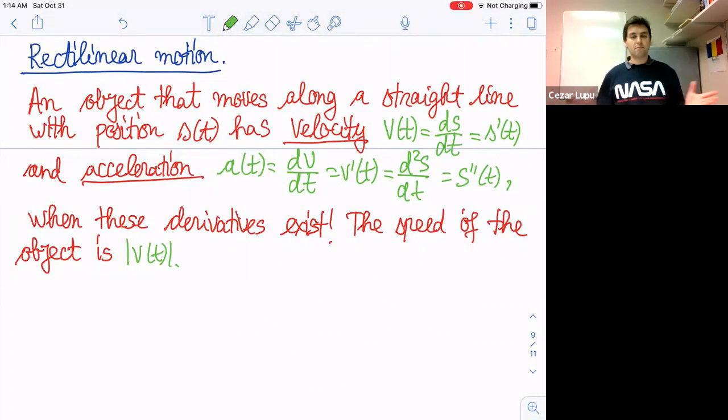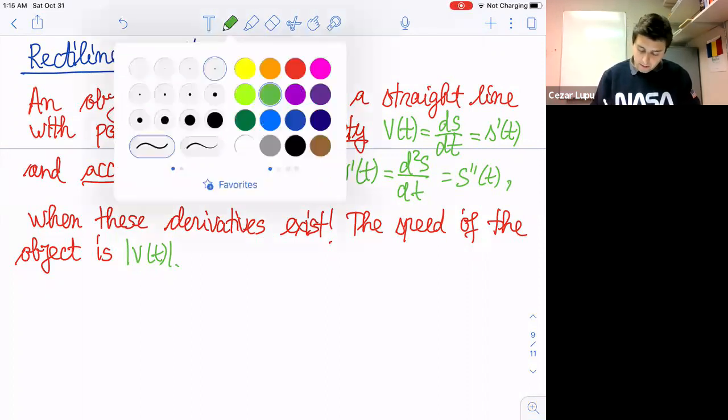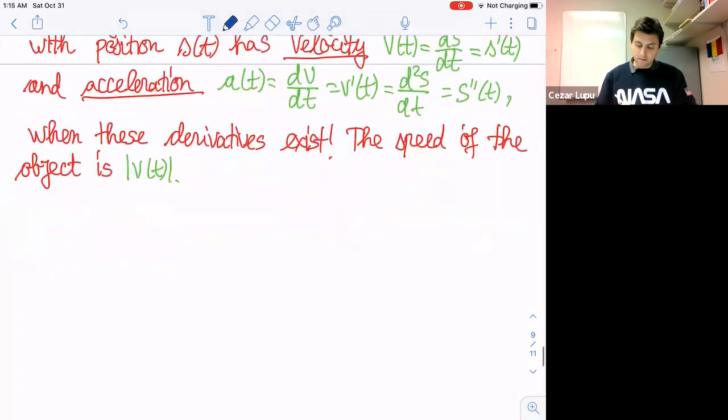Putting everything together, this is what you need to know. And now let's point out some remarks before I go and do more applications, because I like to see some applications of these notions of the rectilinear motion.